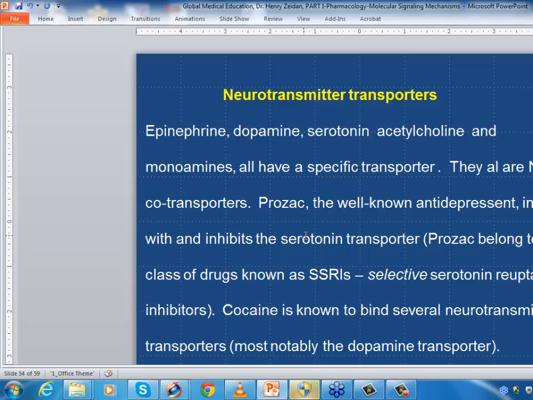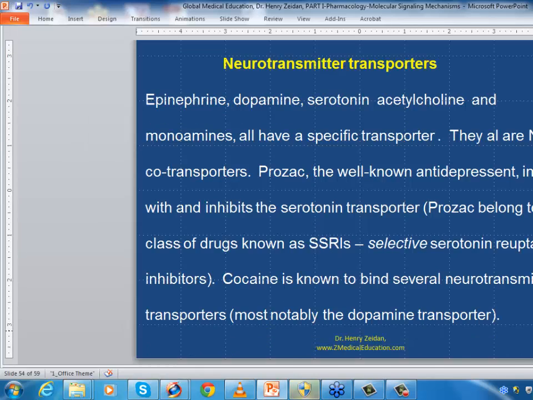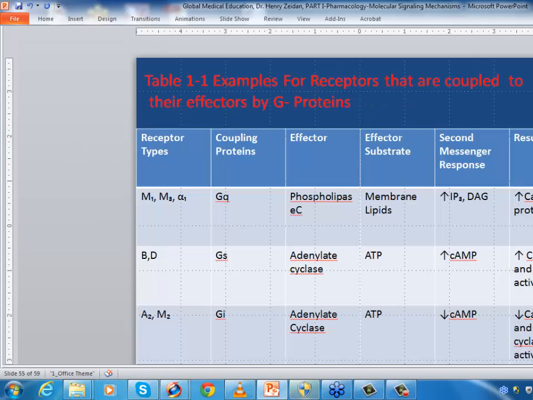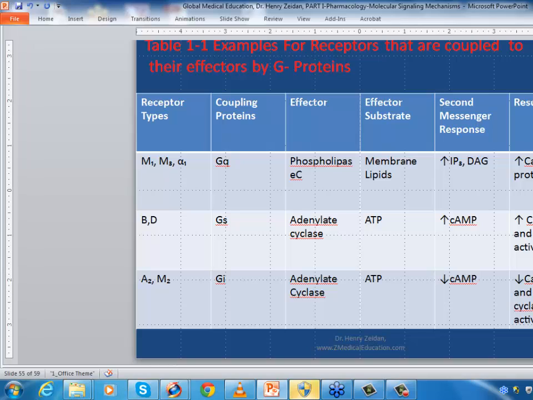And we already addressed the function of Prozac, fluoxetine, as an effective antidepressant agent that tends to inhibit serotonin transporter. Good example for SSRI. Cocaine helps to build up serotonin. And in summary, you have this table here that addresses that beautifully.